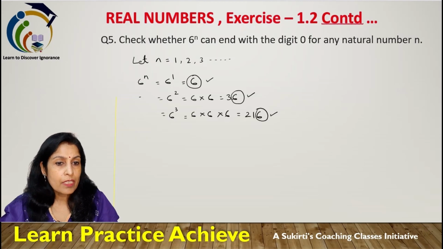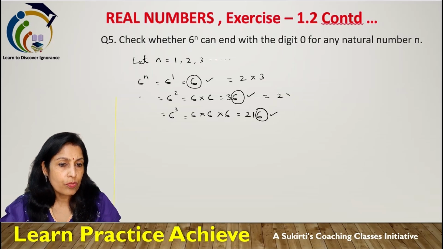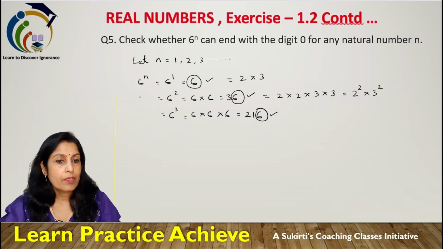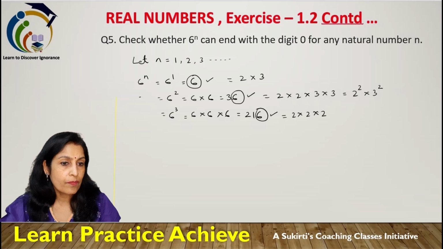Okay. And if you split this number, 6 can be written as 2 into 3. 36 can be written as 2 into 2 into 3 into 3, that means 2 to the power 2 into 3 to the power 2. 216 can be written as 2 into 2 into 2 into 3 into 3 into 3, which is equal to 2 to the power 3 into 3 to the power 3.